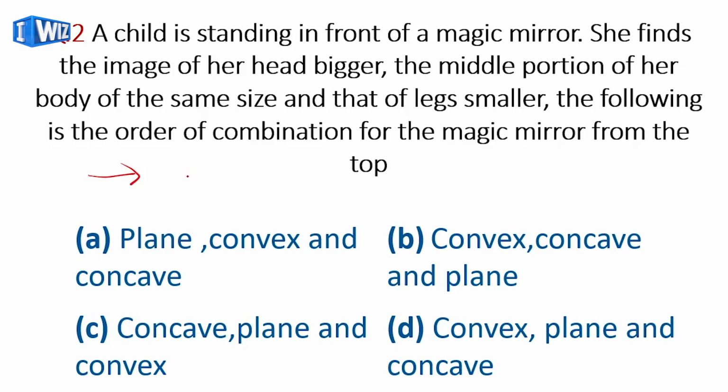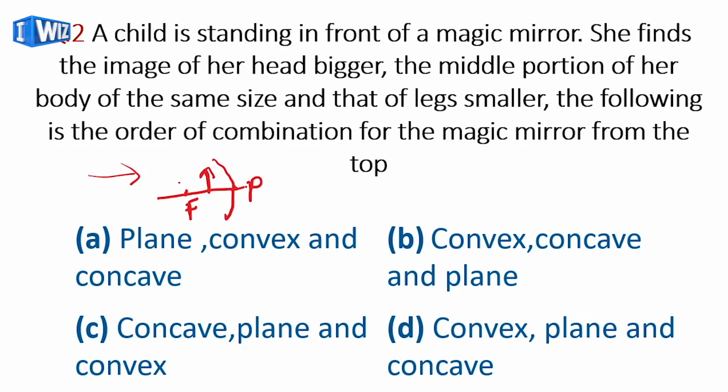Now, what is the role of the concave mirror? When we place an object very close to a concave mirror, it forms a bigger image. Let's say this is the pole and this one is the focus. The object should be placed very close to the mirror.